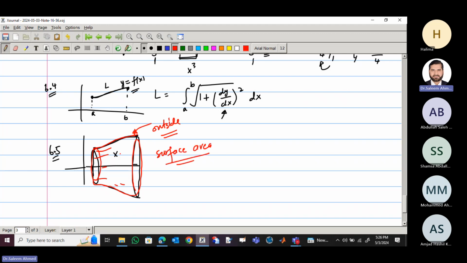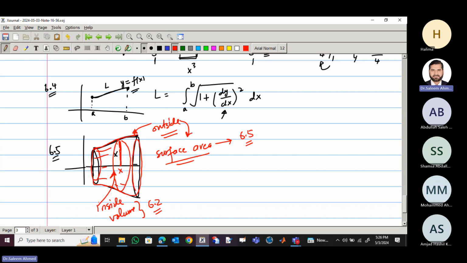That is not the volume. Volume is the inside thing. Inside is the volume, right? Inside volume, that was in 6.2. So outside is surface area, which is in 6.5. When I created this solid, at any x I needed this radius so that it becomes the inside area, which was pi r squared.